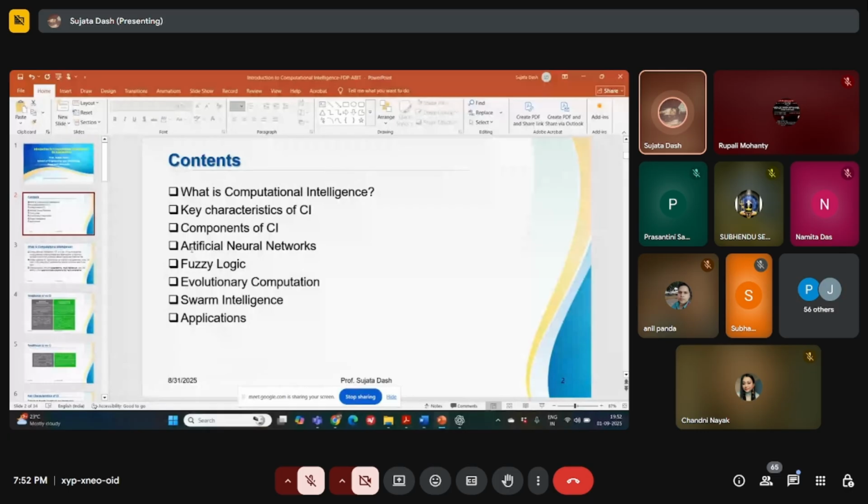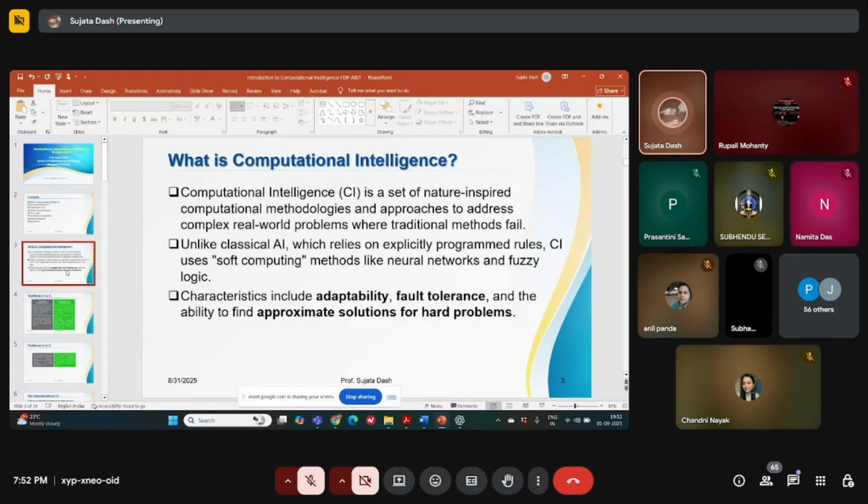Under the components of CI, of course, I will explain artificial neural networks, fuzzy logic, evolutionary computation, swarm intelligence. Then the application of these components of computational intelligence. I will conclude my lecture with the application.